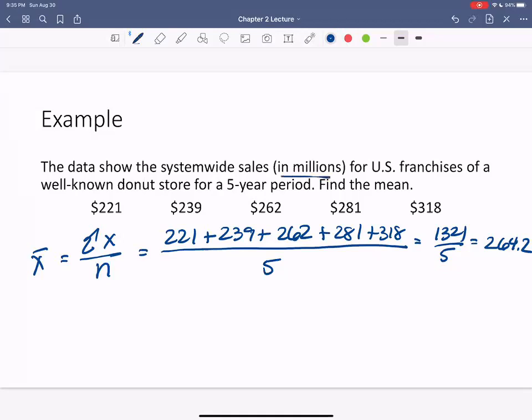It's in millions. So we're going to say the mean amount of sales for the stores over the 5-year period is $264.2 million. I'll repeat that. The mean amount of sales for the stores over the 5-year period is $264.2 million. That's how you would answer this question.